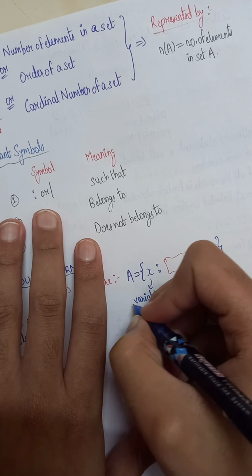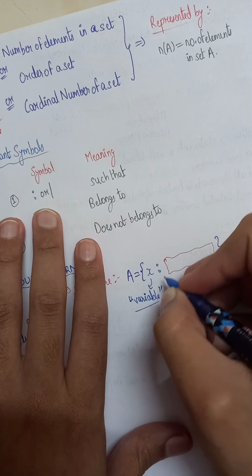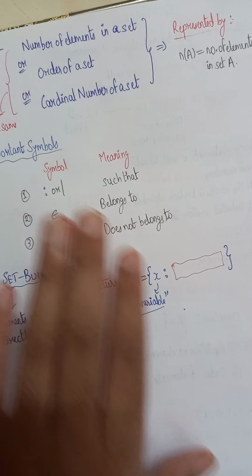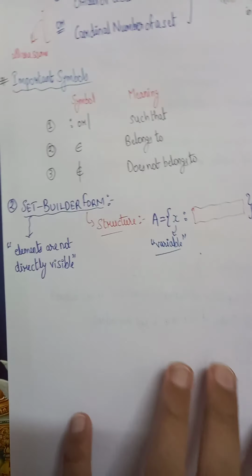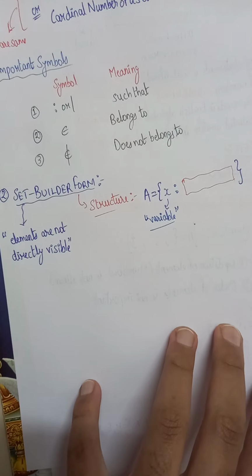You will understand it in the next minute; I'll give you an example. In maths you cannot understand everything by definition only, so it will get clear when I give you an example.